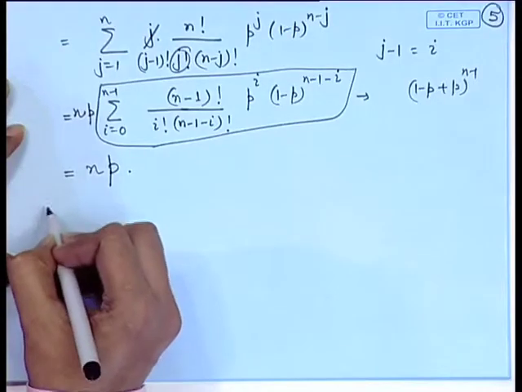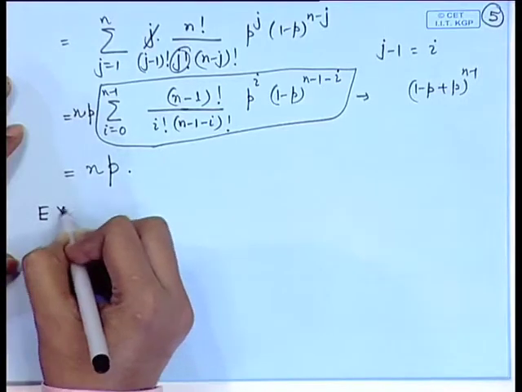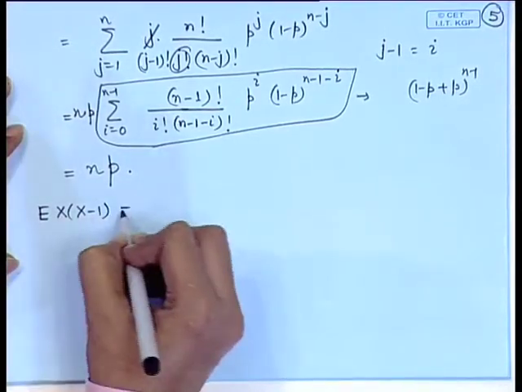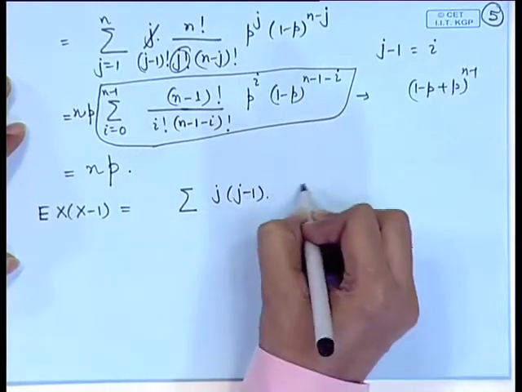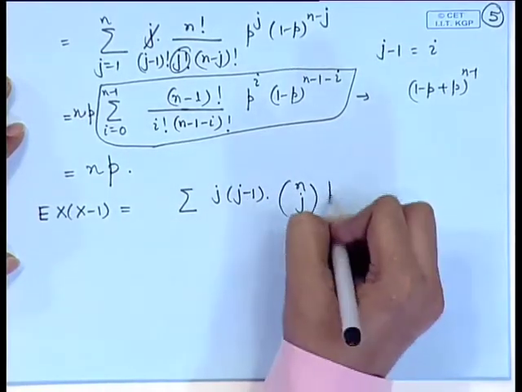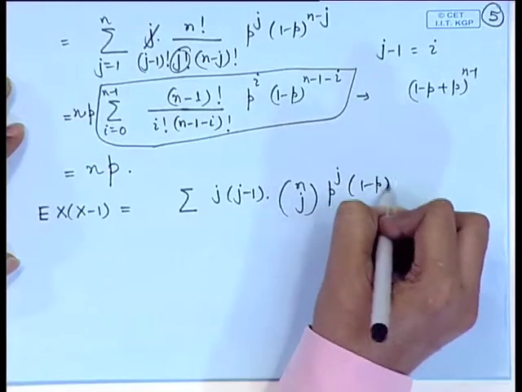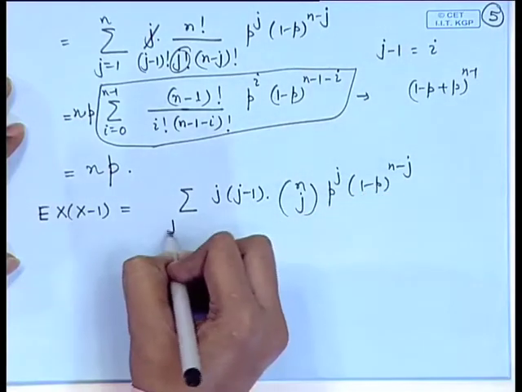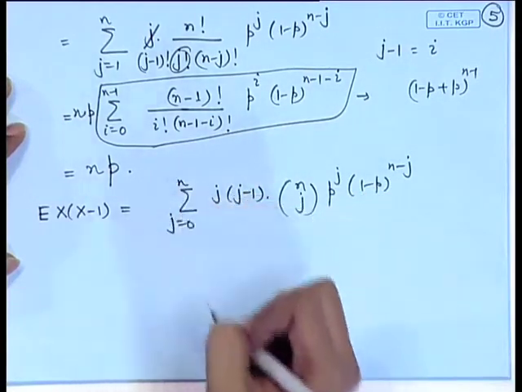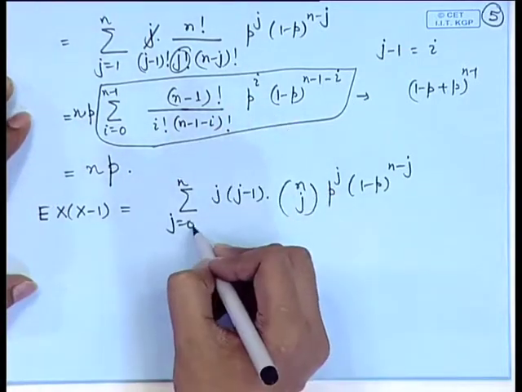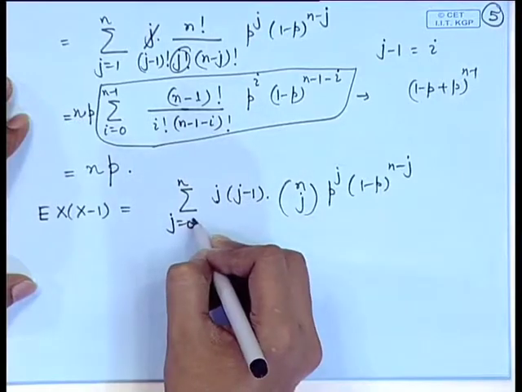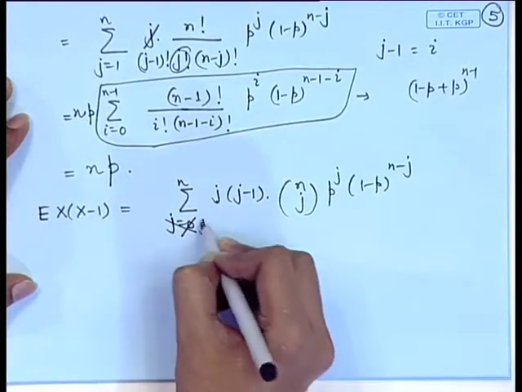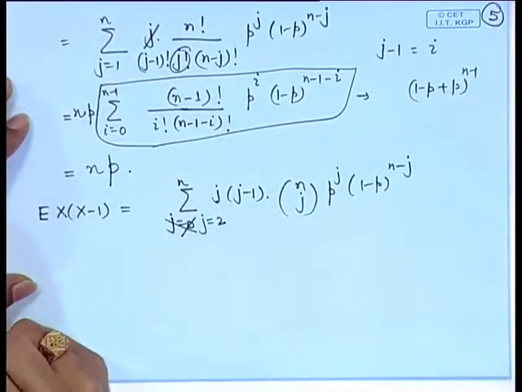So, we may consider, say, expectation of X into X minus 1, that will be equal to sigma j into (j minus 1) nCj p to the power j (1 minus p) to the power n minus j, j equal to 0 to n. Now, like in the previous case, we can observe that this term vanishes for j equal to 0 and j equal to 1. So, we can cancel these and consider j equal to 2 to n.